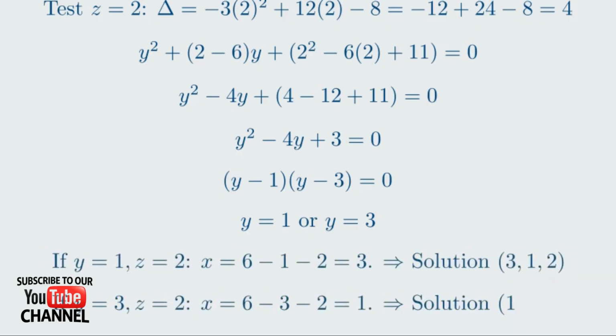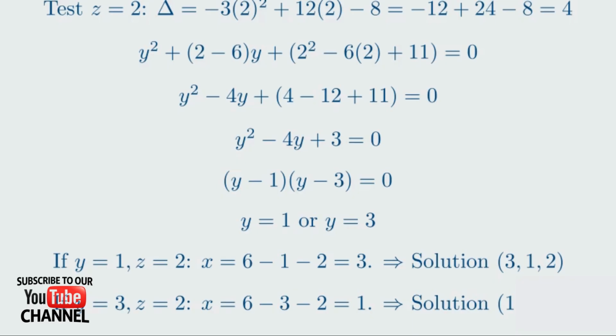Notice they are symmetric. If we had chosen y equals 1, we would have found z equals 2 or z equals 3, leading to the solutions (2, 1, 3) and (2, 3, 1). If we chose y equals 3, we'd get (2, 3, 1) and (2, 1, 3).